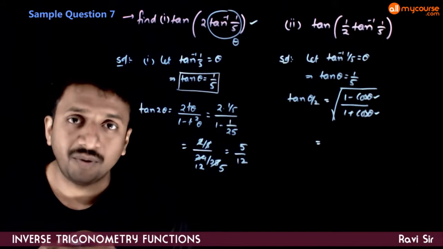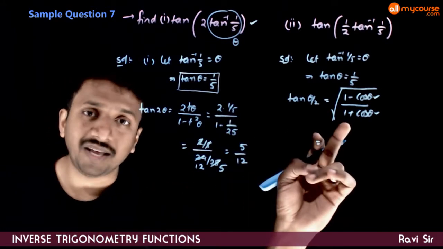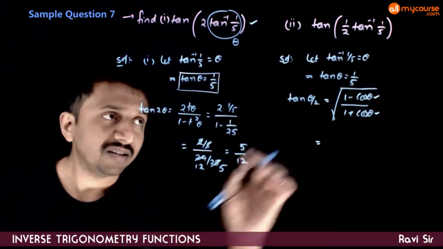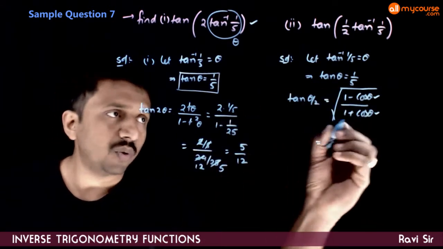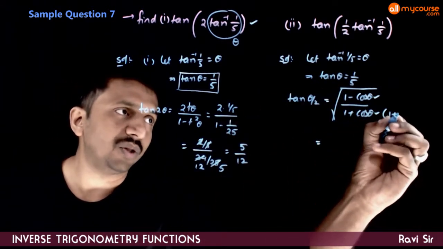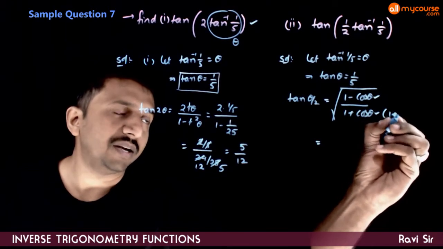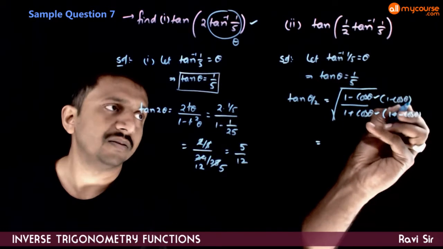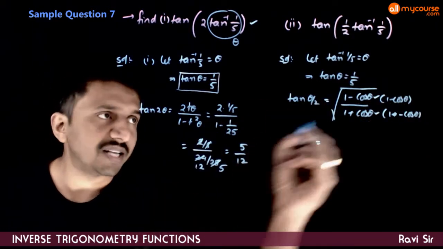But there is a better formula, by using rationalization. I'll multiply both numerator and denominator with 1 minus cos theta. So what happens to this expression?